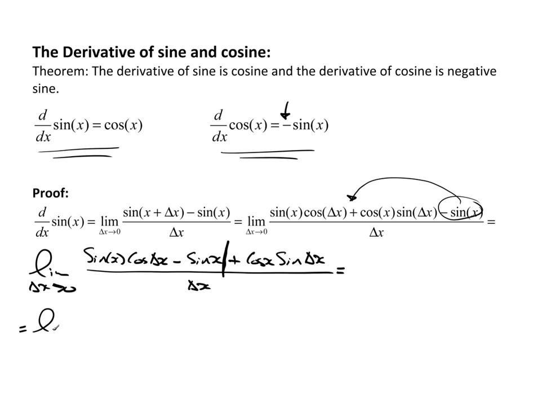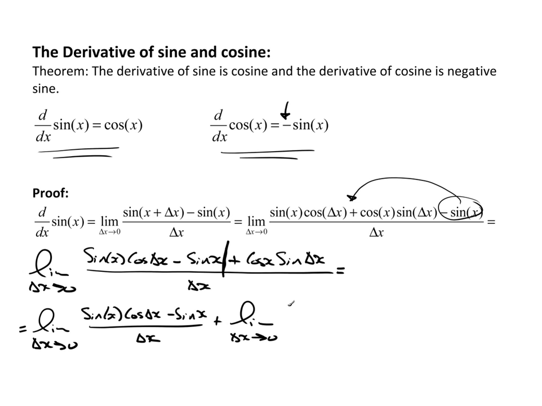This is going to be the limit as delta x goes to 0 of, and I'll do it in two steps so you don't get confused, sine of x cosine of delta x minus sine of x over delta x, plus the limit as delta x goes to 0 of cosine of x sine of delta x over delta x. So I have these two different pieces here.